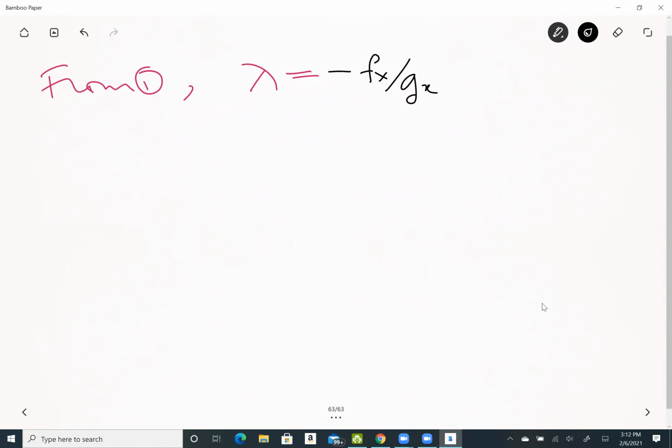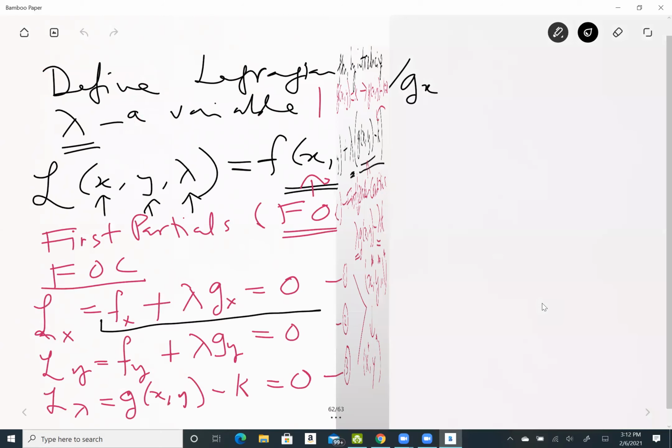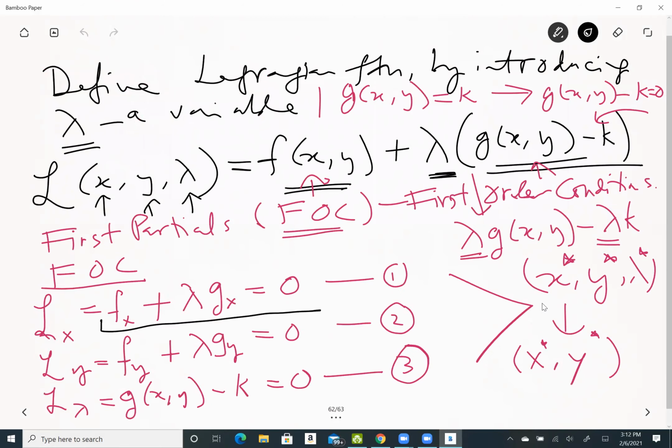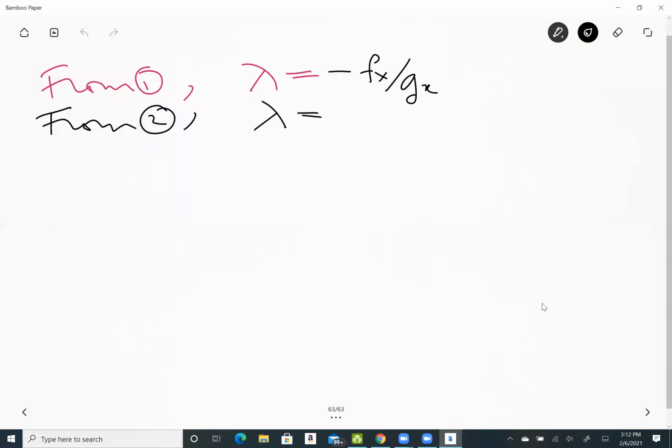Now, you look at number 2. From equation 2, you can also write lambda in terms of the other terms. So go back to number 2. What do you get? Lambda is equal to negative fy divided by gy.